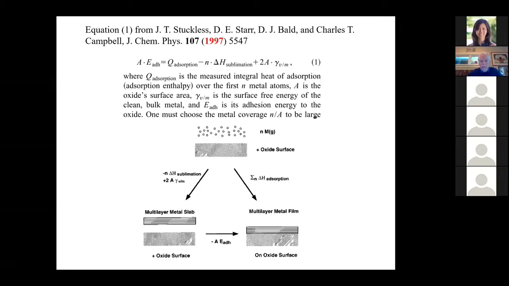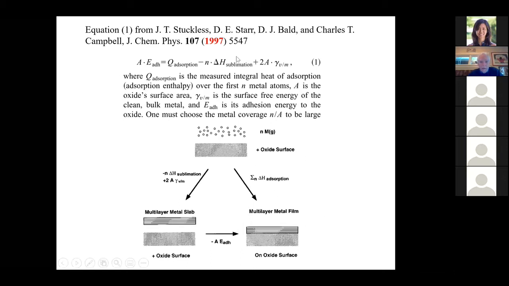I realized that we had been measuring adhesion energies at solid-solid interfaces for some decades in studying metal adsorption and metal nanoparticle binding to support surfaces.